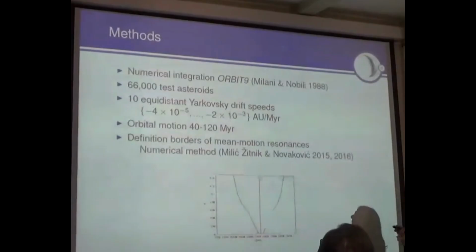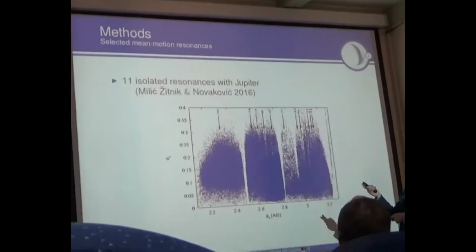And our asteroids crossed the resonance perpendicular to the borders of the resonance. I also wanted to say that the main role of the Yarkovsky effect is to change the semi-major axis of asteroids and to force asteroids to cross mean motion resonances.